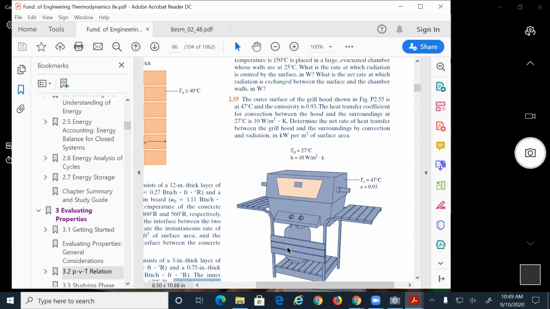And now, if we look at the surface, T surface is equal to 47 degrees Celsius, which will be about 320 Kelvin, and they give you that the emissivity is 0.93.